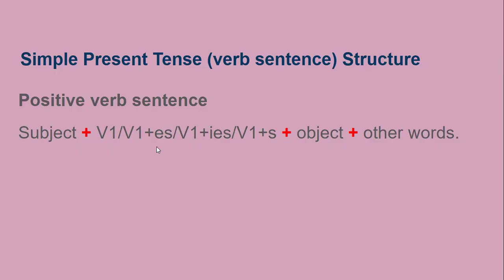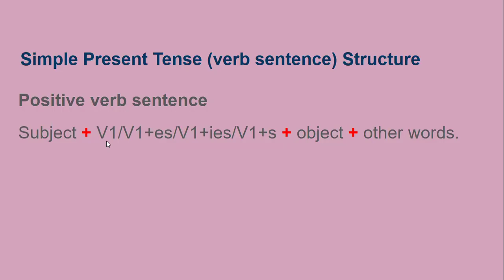After using a verb, then you need an object. And then after the object, you have to put other words. Now, in a separate video from this one, I have explained what the subject is. I have explained what V1 indicates.